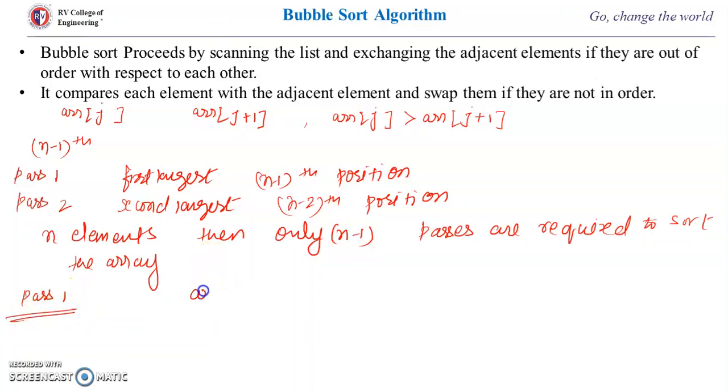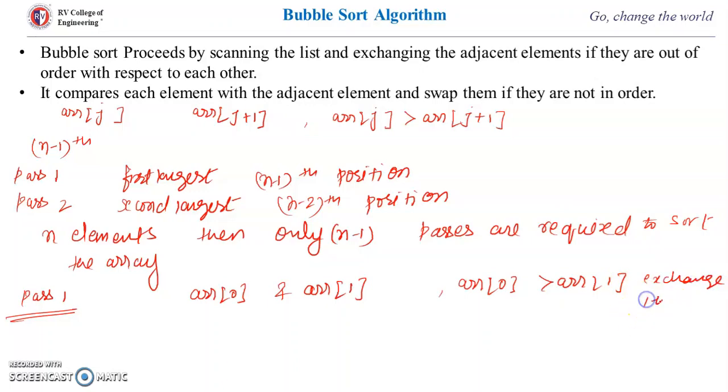We compare array[0] and array[1], because we are comparing adjacent elements. If array[0] is greater than array[1], then we exchange them. So a swap will happen.